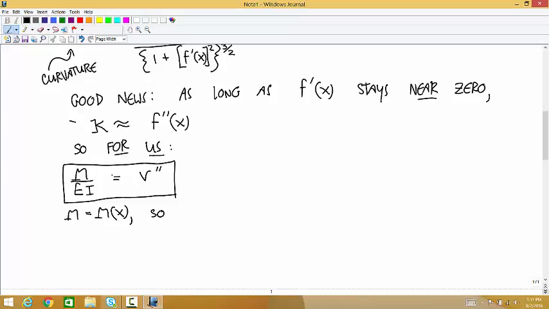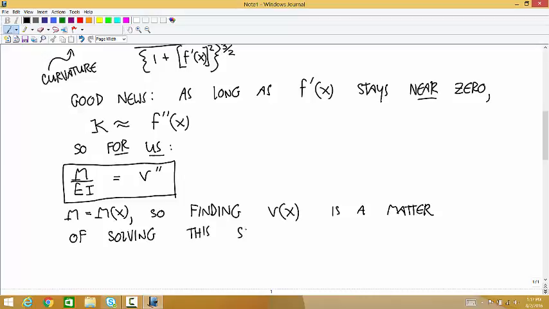So finding the function v, finding the deflection v of x, this function that gives the deflection at every location, is a matter of solving this simple differential equation. This is as simple as a second order differential equation can be.